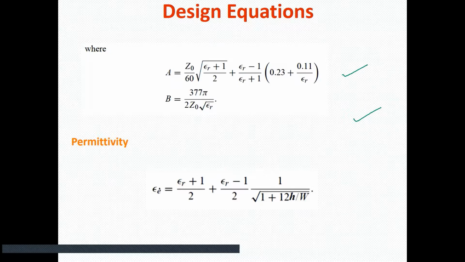Similarly, the epsilon effective can be calculated by this formula: epsilon R plus 1 upon 2 plus epsilon R minus 1 upon 2, times 1 upon under root 1 plus 12 H upon W. By this formula, we will calculate epsilon effective.